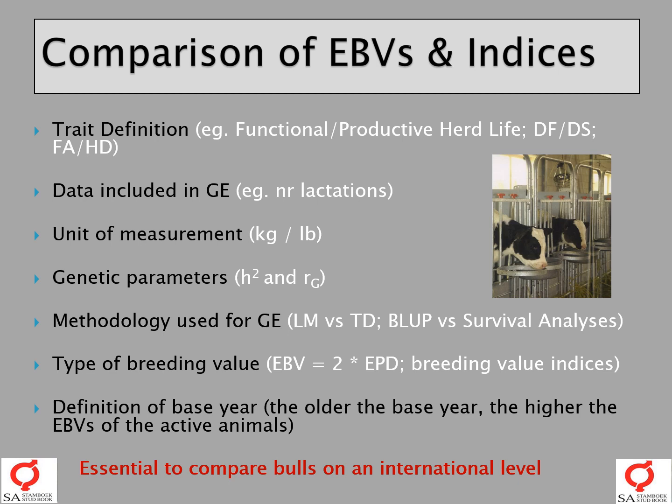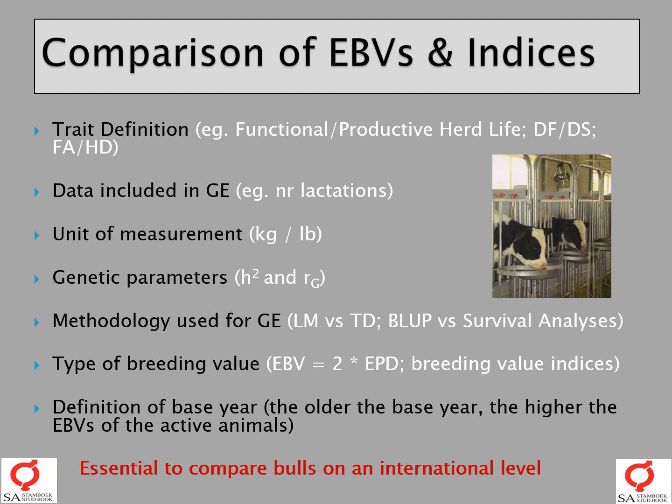And then lastly, the definition of the base year differs across countries. The older the base year being used, the higher the breeding values of the active animals will be, and this makes, of course, a huge difference in the comparability of the breeding values across countries.